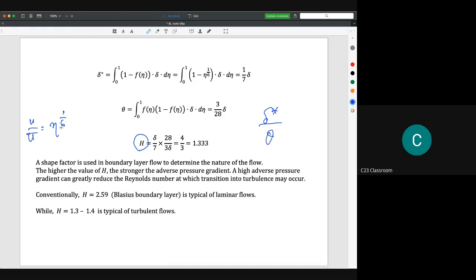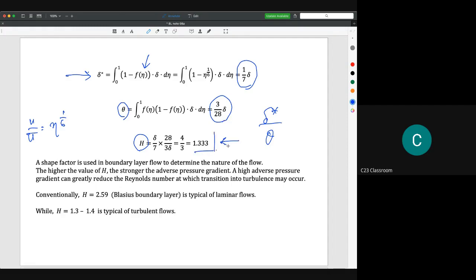So we substitute the function of eta into the delta star, and then we get delta star equal to 1 over 7 delta. We do the same thing to calculate the value of theta, and we get 3 over 28 delta. Then delta star over theta is equal to 1.333, which is 4 over 3.